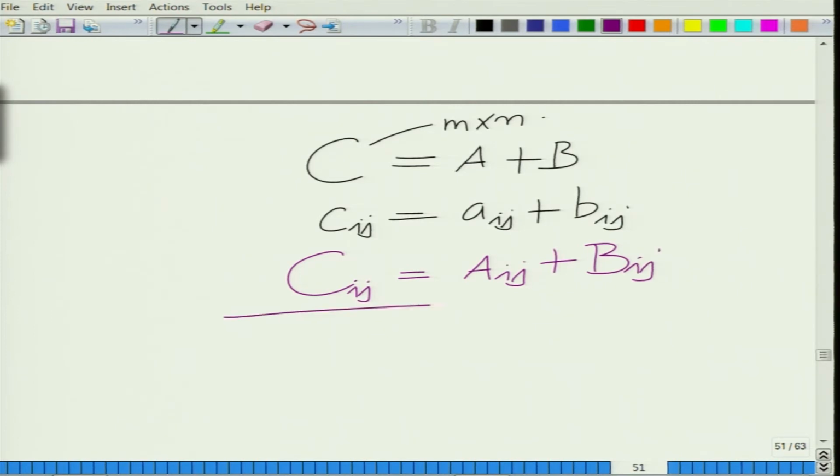Depending on how you define the notation, the context, all of these are valid, as long as it's clear what you're talking about.